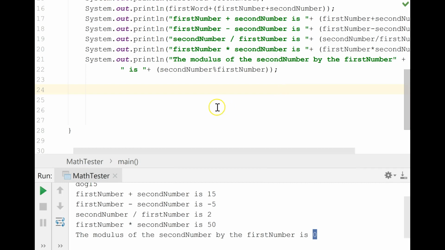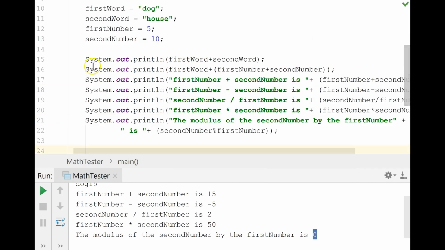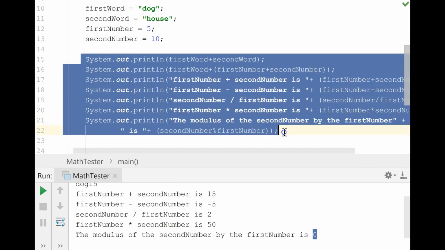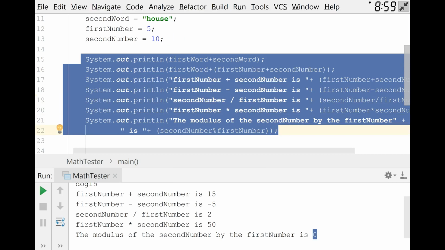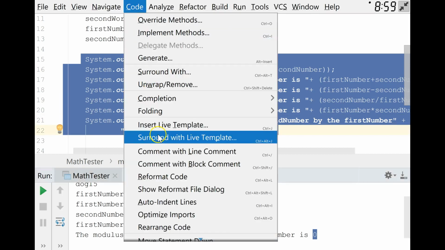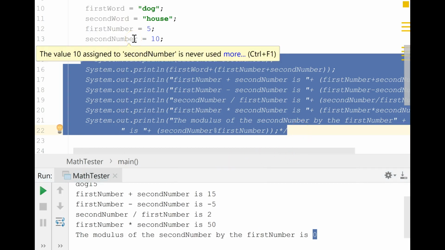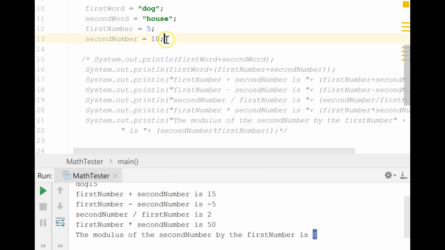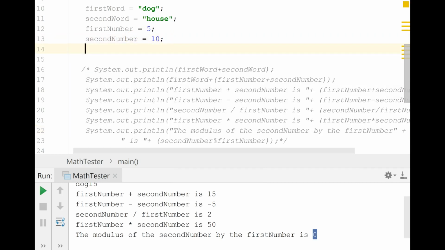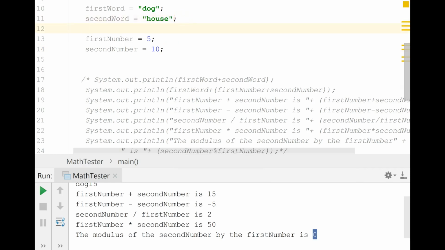Now, I'm going to go ahead and comment this out. So I can go to code, and I can go comment with a block comment. So now that's no longer going to print. What we want to play around with is, let's say I do the total. So here's the thing of where math operations don't work backwards.